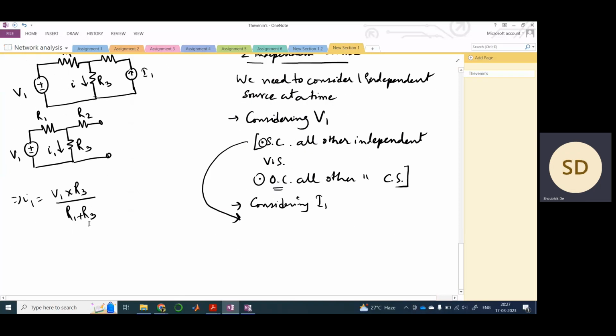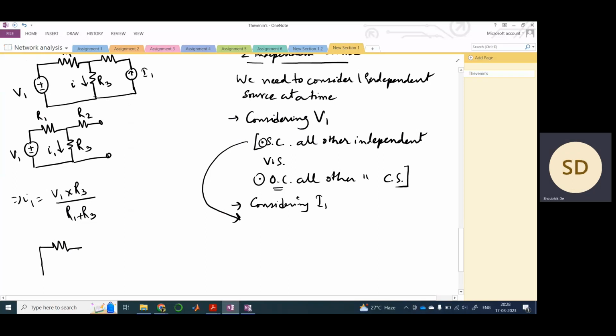Now, once you are done, you need to consider I2. In the superposition principle, we need to short circuit other independent voltage sources or open circuit other independent current sources. So here, while we are considering I1, we have another independent voltage source which we need to short.